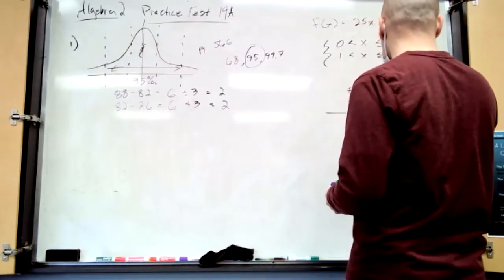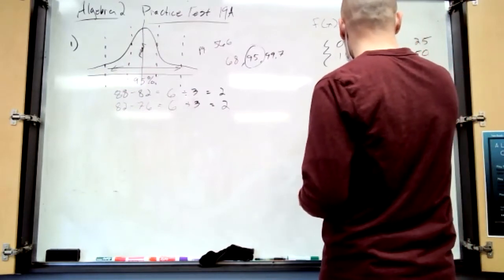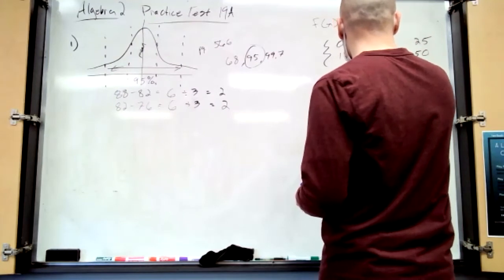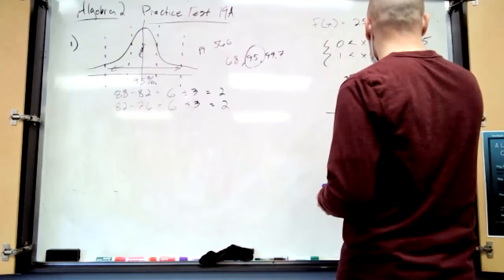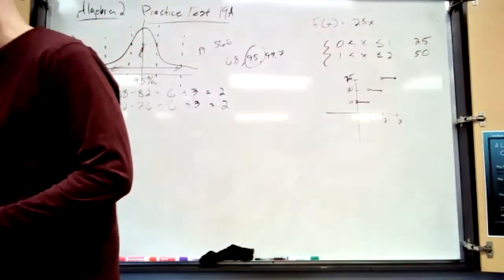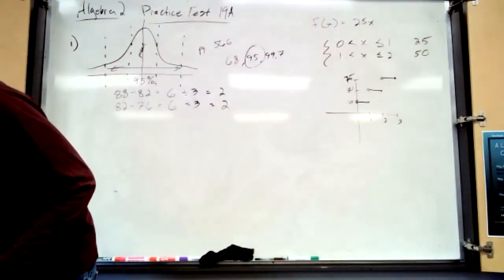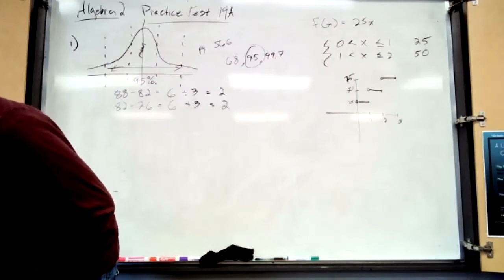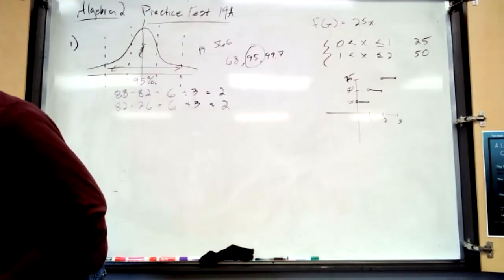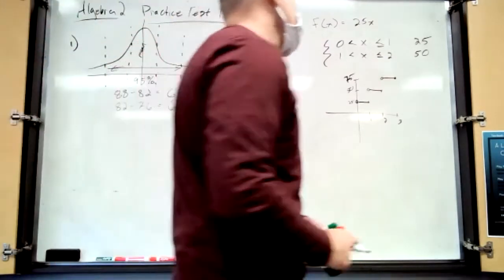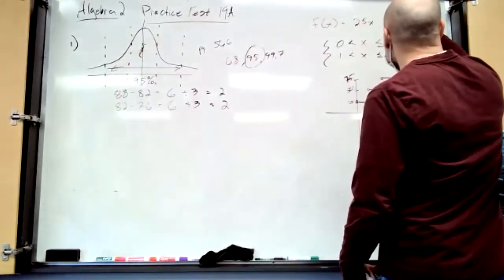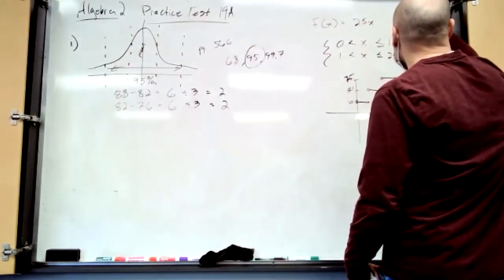From 2 to 3, it looks like this. So f of x equals 25x, but the step function is just an integer function because it rounds up to the nearest integer. So we'd call this an integer function.